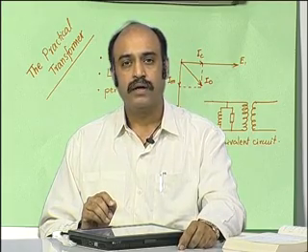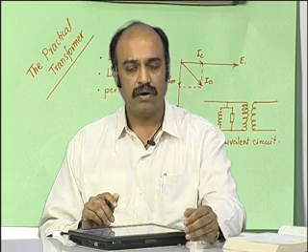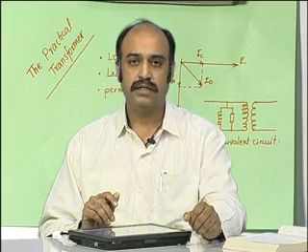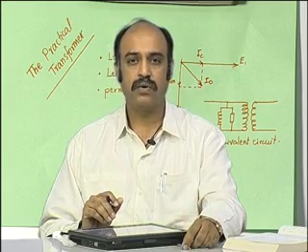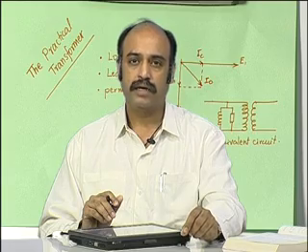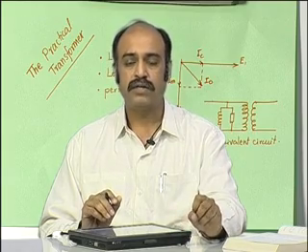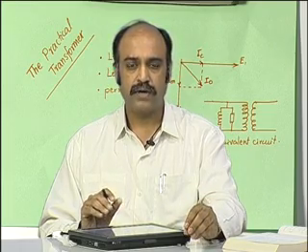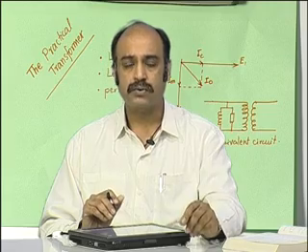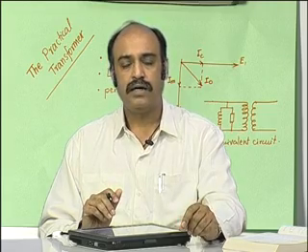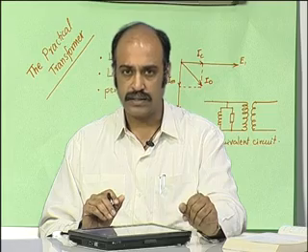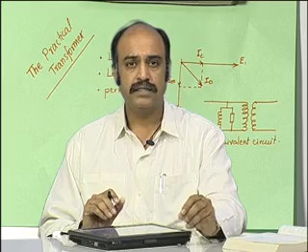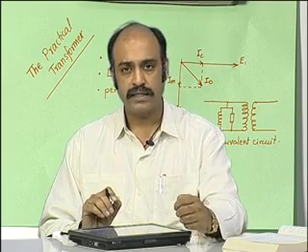Now, we saw that the practical transformer has all of these features which are finite, and therefore, there will exist core losses, and there will also exist a finite permeability. Because of this, we included in the equivalent circuit of the ideal transformer 2 extra elements, one called RC, which represents the core losses, and another called XM, which represents the magnetizing inductance, which means the current needed to magnetize the transformer.